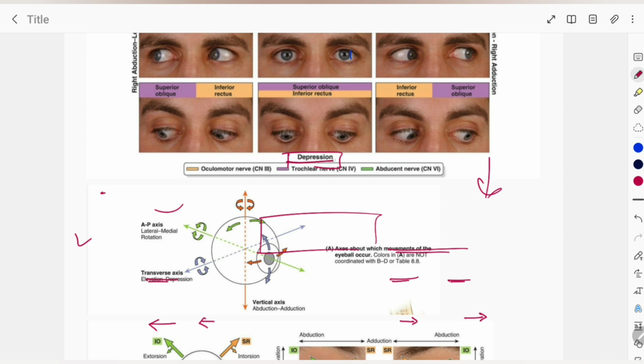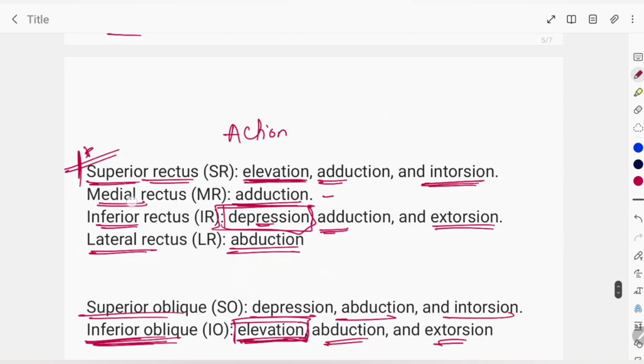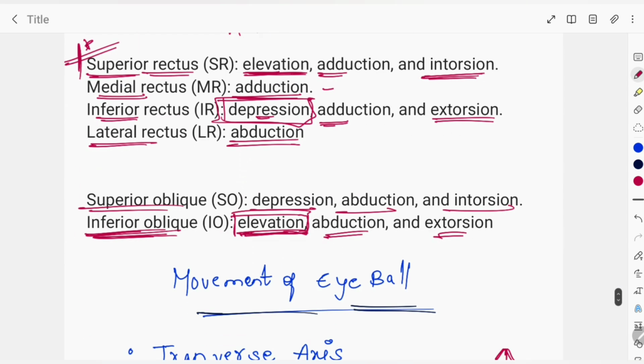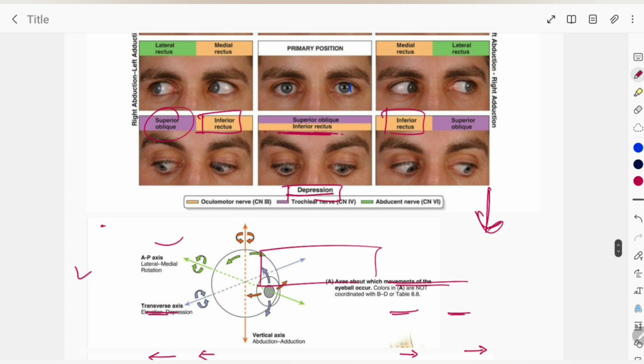So inferior rectus is coming in the picture whenever we are talking about the downward rotation. What other muscle is required? That is superior oblique. The action of superior oblique is depression also. Here also superior oblique, whenever the person is seeing in the downward direction. Okay, so this is a pure function.